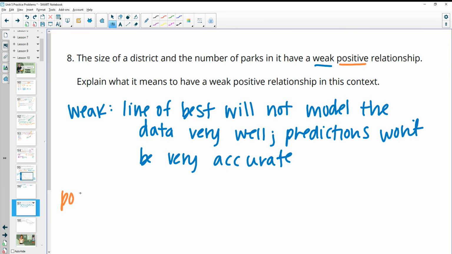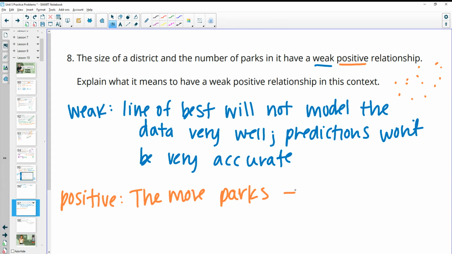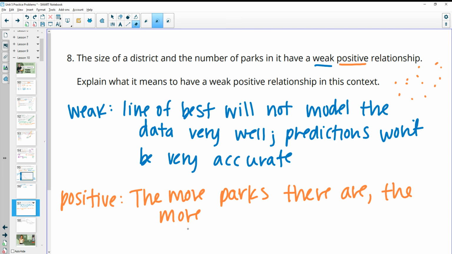And then positive means that if you were to plot the data points, they seem to be going somewhat in an upward direction. So there's some indication that the more parks there are, the bigger the district.